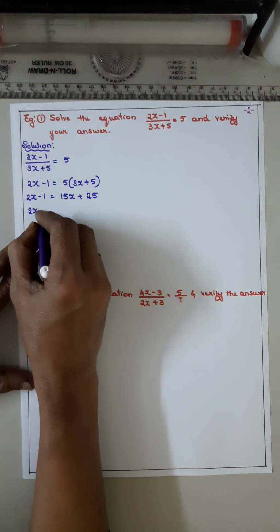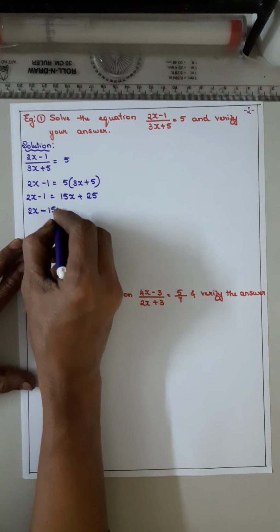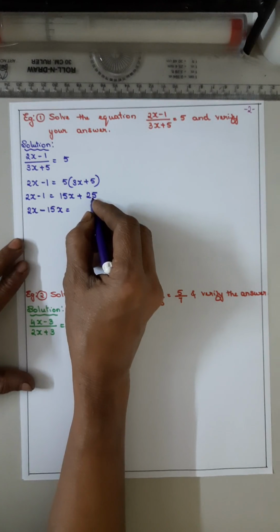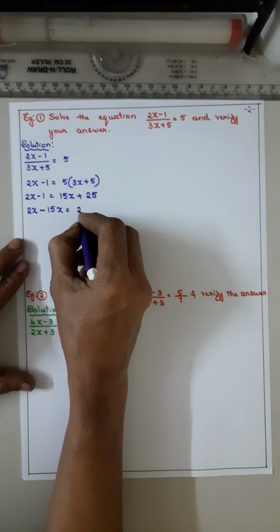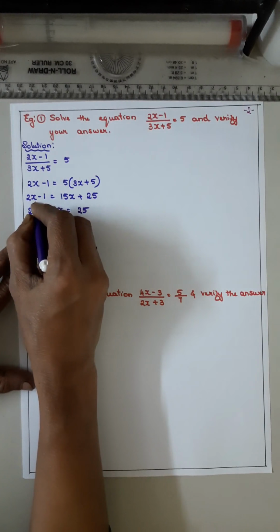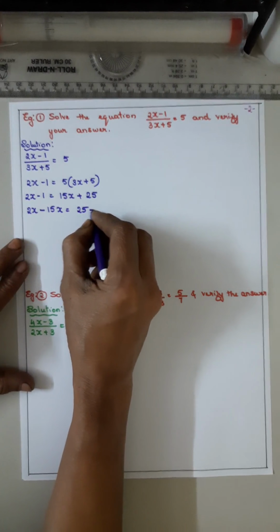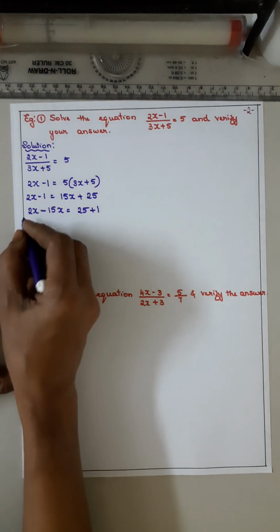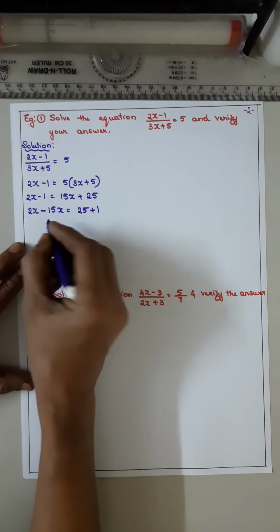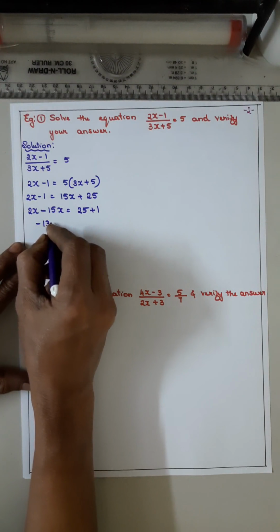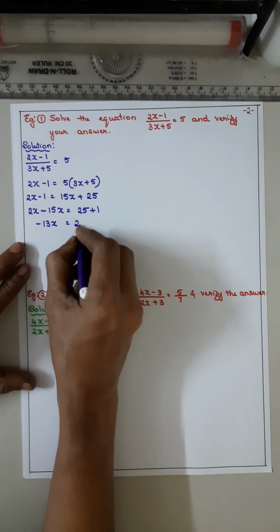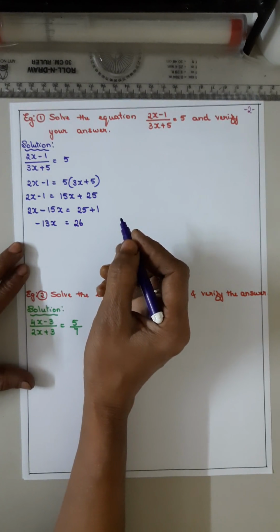When it comes to the left side, it becomes minus 15x. On the right hand side, the number is 25, and from the left, minus 1 becomes plus 1. Now, 2 minus 15 is minus 13x is equal to 25 plus 1 is 26.